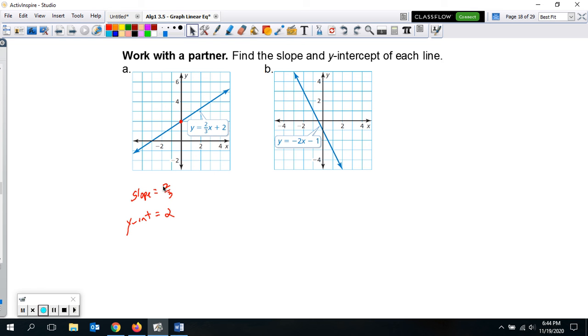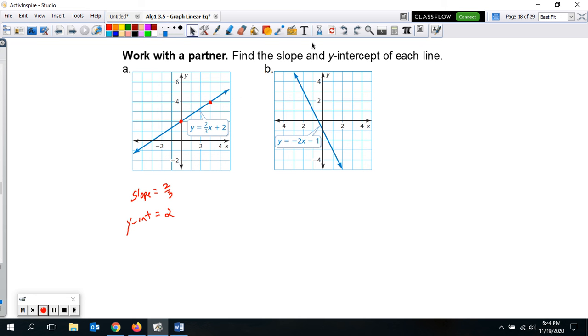Your rise would be 2, your run would be 3, so it's always rise over run. You're going to rise 2 and then run 3, and then you'll put a point right there. There's another point that would be on that line, and then you could draw the line between those 2 points.